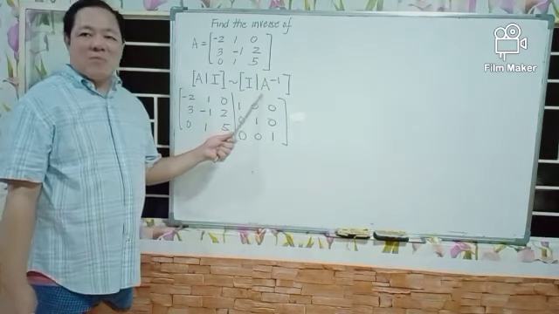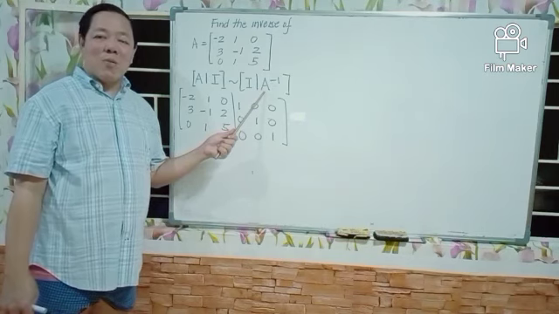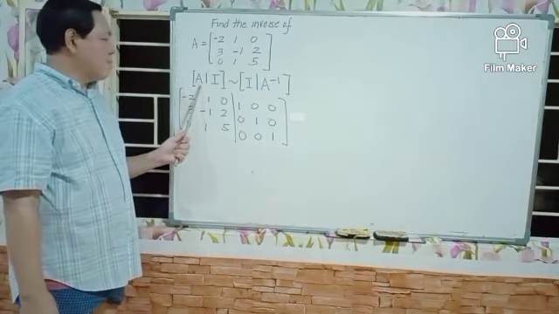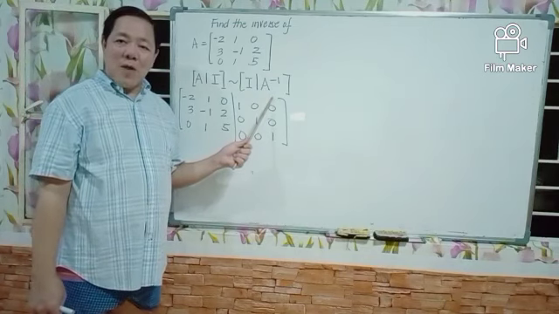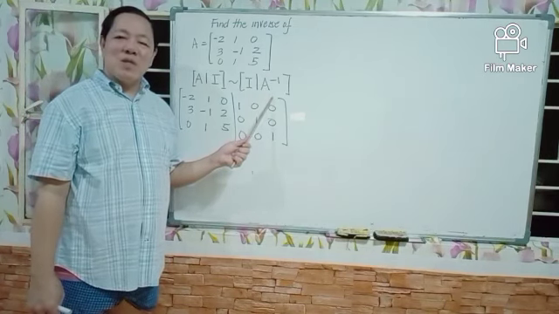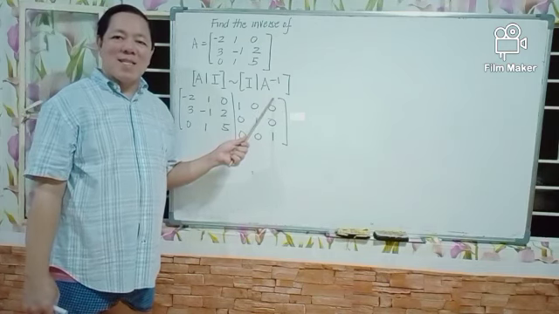And after the transformation, we would check if the matrix we get, A to the minus 1, is the inverse of matrix A by multiplying A by A to the minus 1. And if A to the minus 1 is the inverse of A, we should get a product of I, identity matrix of size 3 by 3.